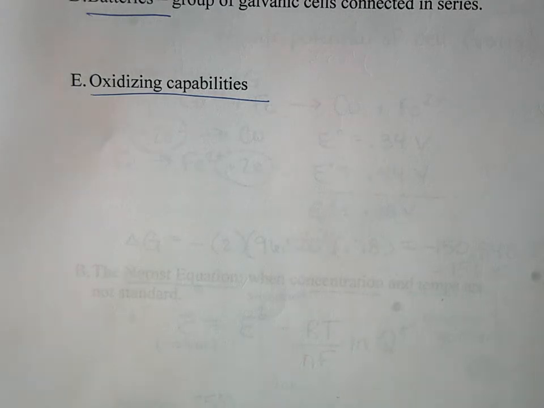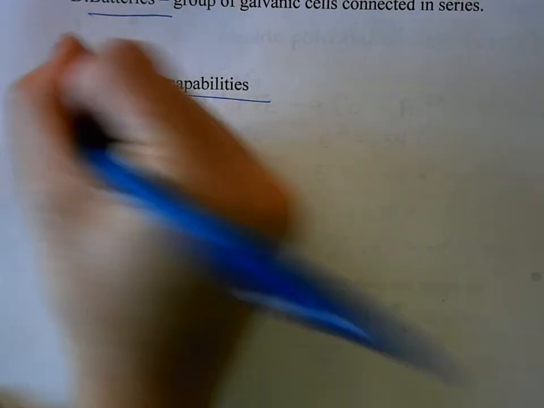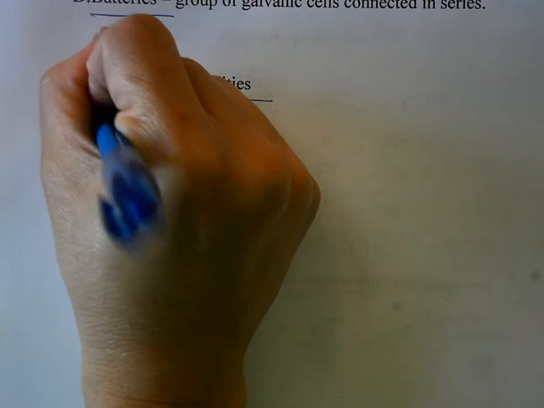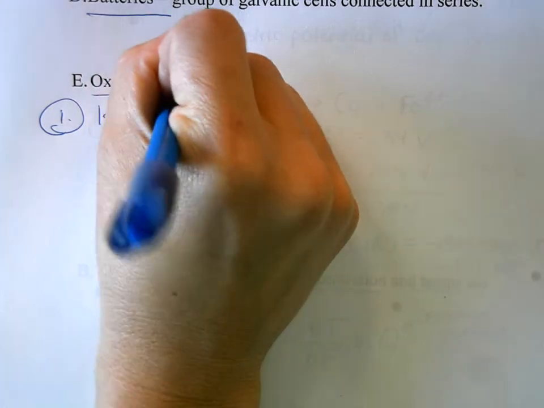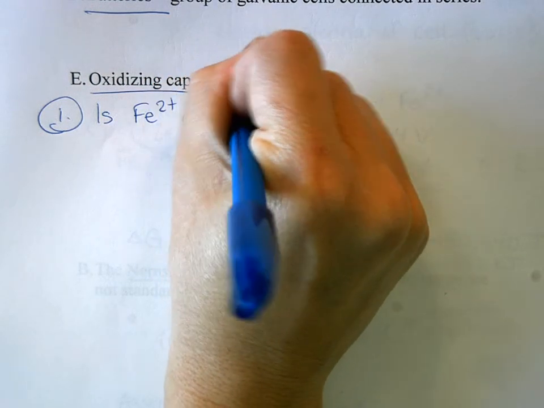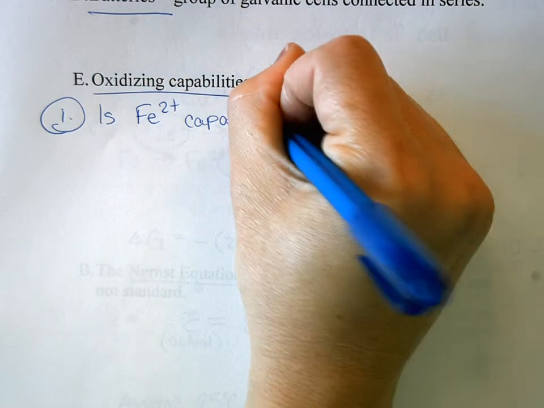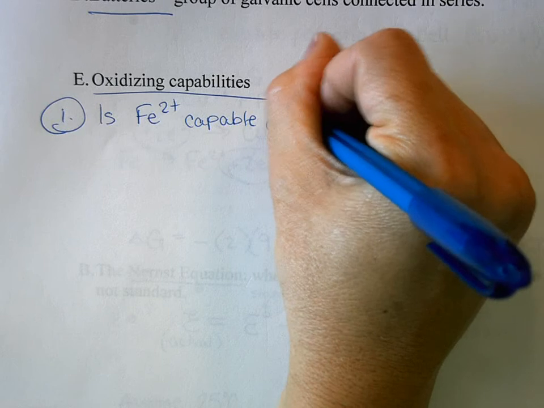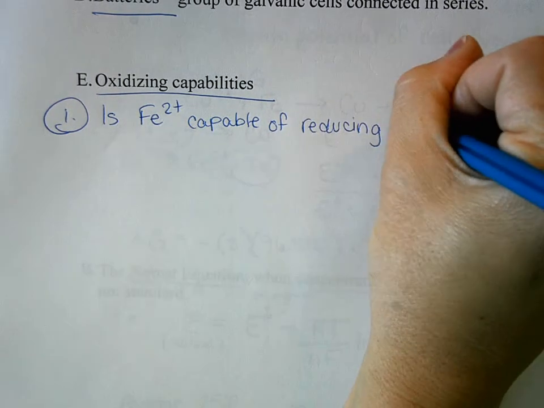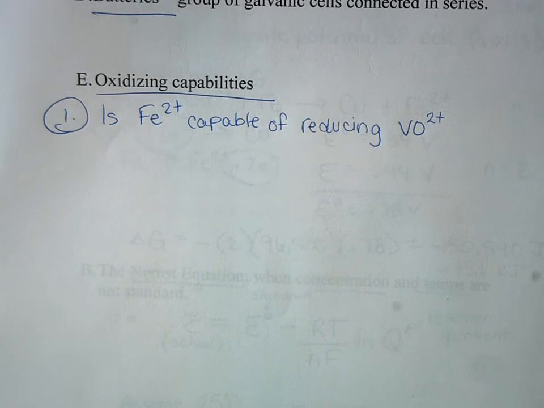Now, oxidizing capabilities, I just have two quick examples. The first one is, you will be asked a question like, is iron 2 plus capable of reducing VO2 plus?